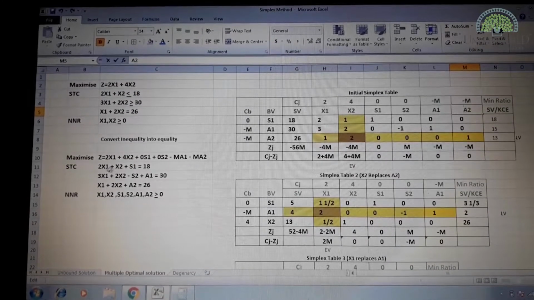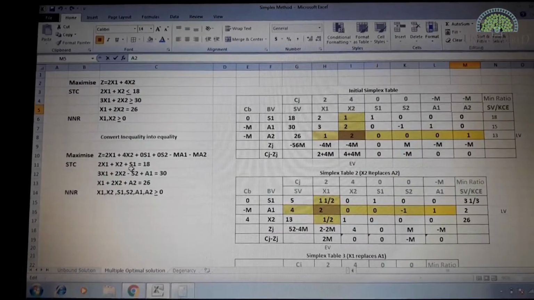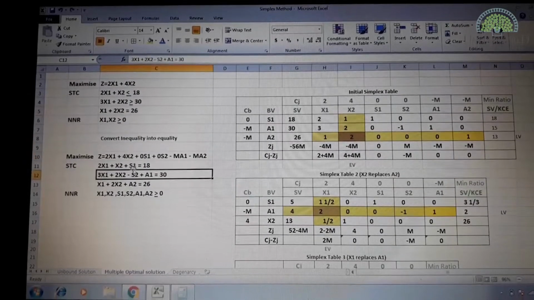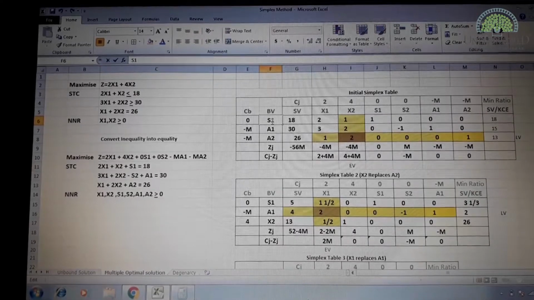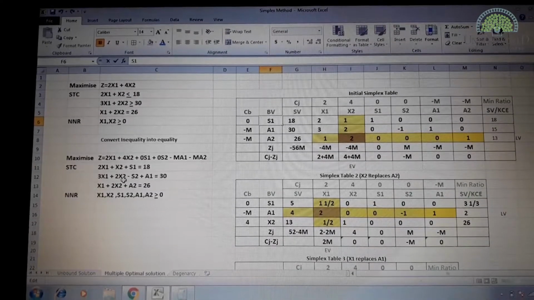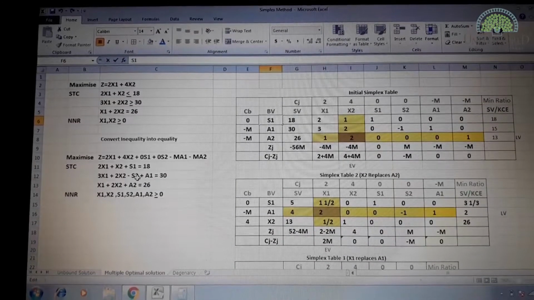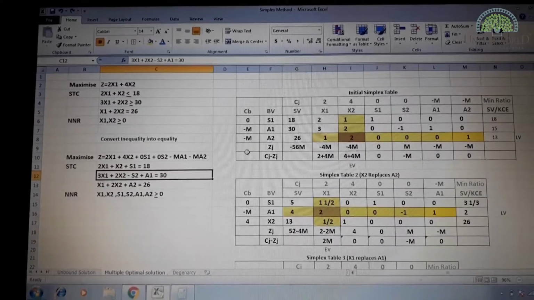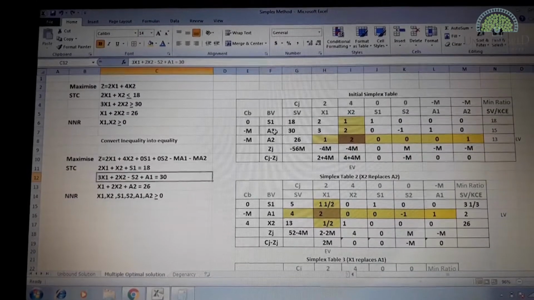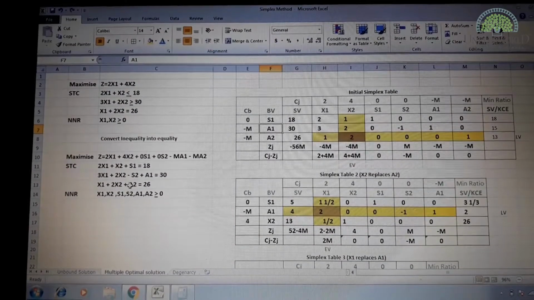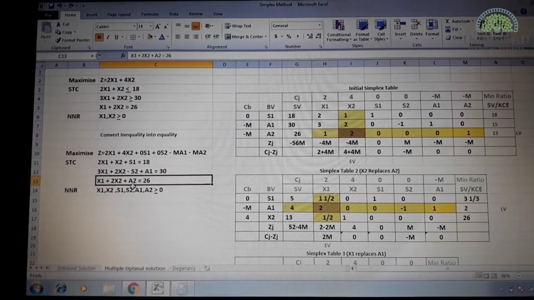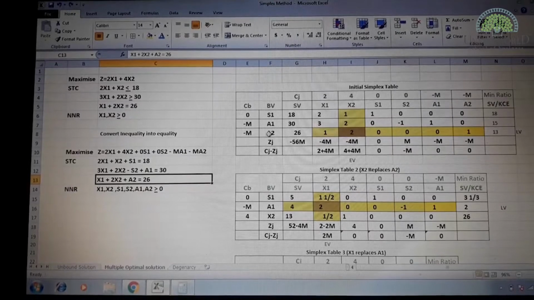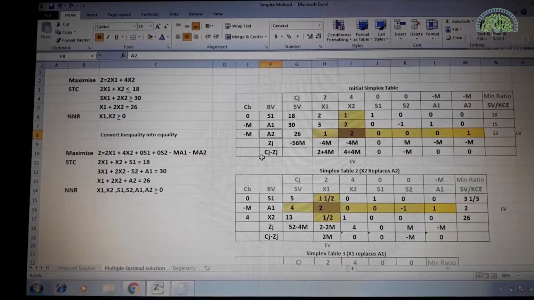Towards the left hand side, the last variable is S1, so that would be recorded in the basic variable column as S1. In our second STC, the last variable on the left hand side is A1, which will be taken as the second basic variable. And the last variable on the left hand side of our third STC is A2, which will be recorded as the third basic variable.